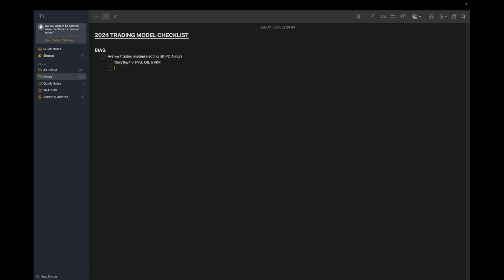Next, for bias. Did we sweep prominent higher time frame liquidity? Previous session, previous day, internal high, internal low, inside of fair value gap.